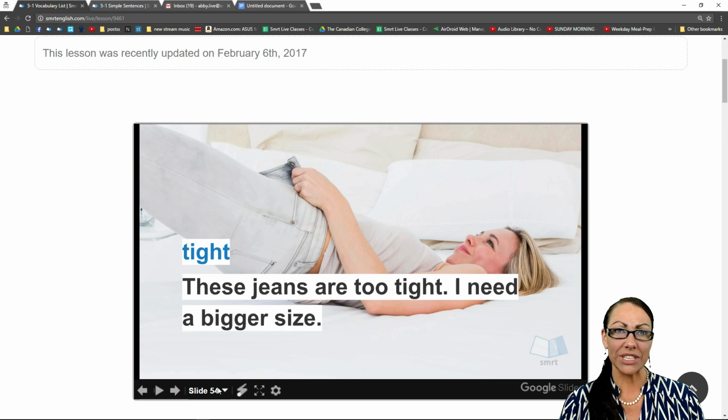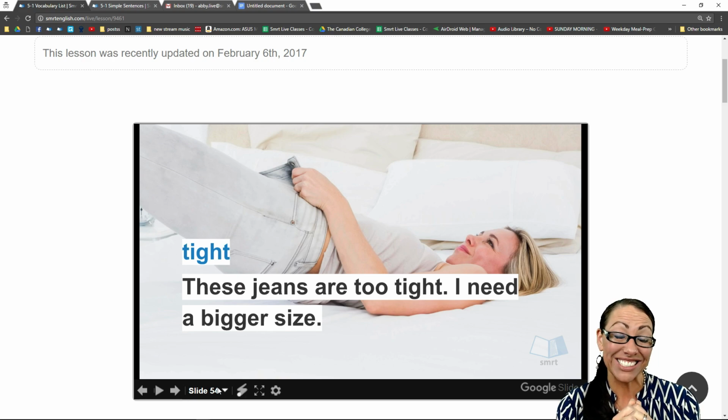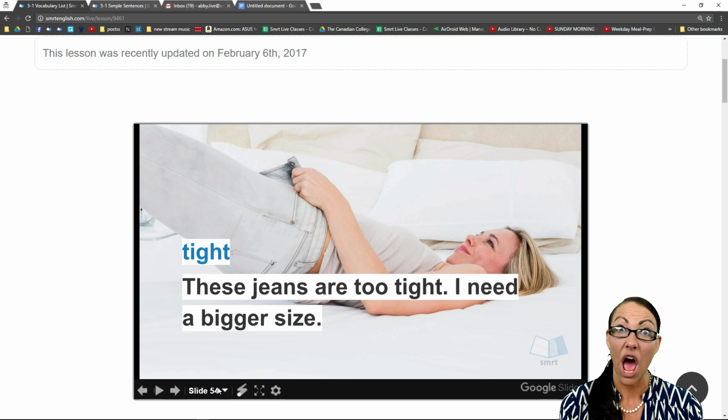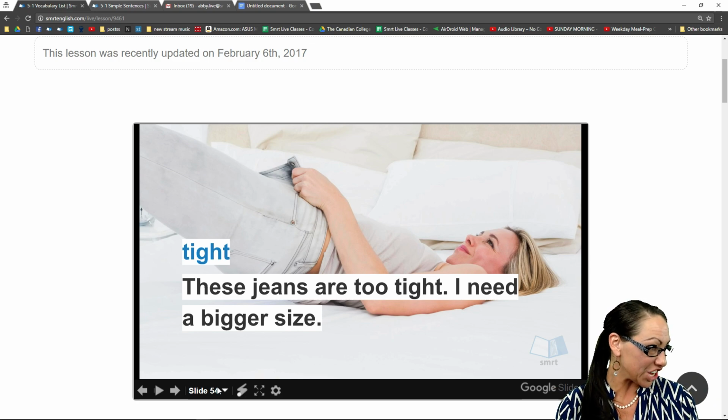So we wouldn't use slim and tight interchangeably, but perhaps we could say that someone that is slim doesn't have a problem with tight fitting clothes. Because once again, to be slim, if we're speaking about someone and how they look, it would be someone that was slight built or skinny. Really good observation there. Thank you.